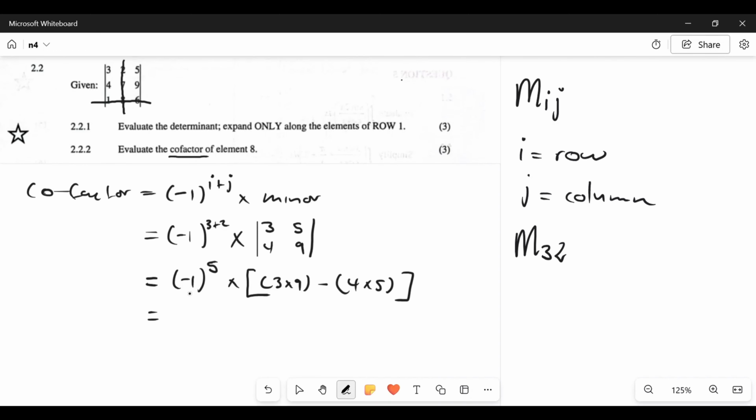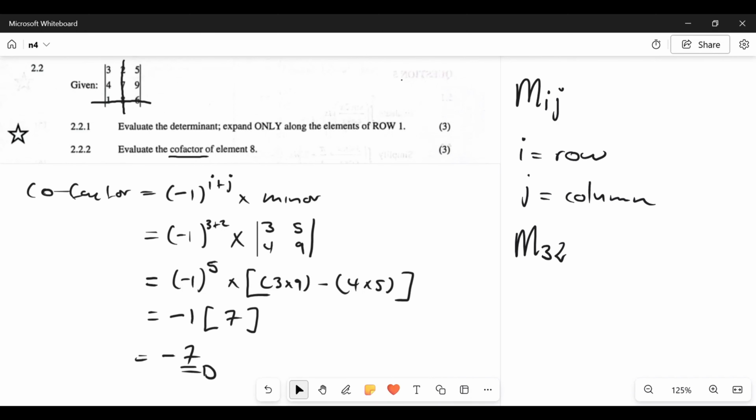So -1 to the power of 5 gives us -1, multiplied by 3 multiplied by 9 minus 4 multiplied by 5. That is going to give us 7. So we have -1 multiplied by 7, which gives us -7. So the cofactor of the element 8 is actually -7.